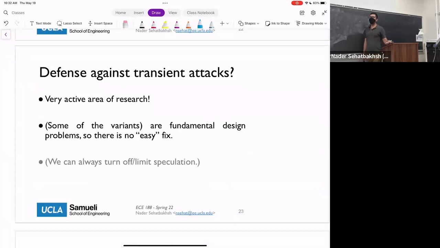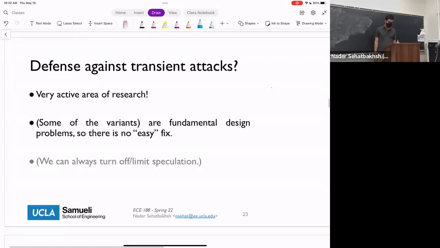And then you might wonder what we should do to defeat these attacks. This is also a very active area of research. The short answer is that there is no easy fix because this is fundamentally how the processor operates. Speculation is one of the fundamental parts of the processor. Of course, the straightforward fix is to disable speculation for some time, or if you have a secret value at some point in your program, maybe you disable speculation here and enable it here.